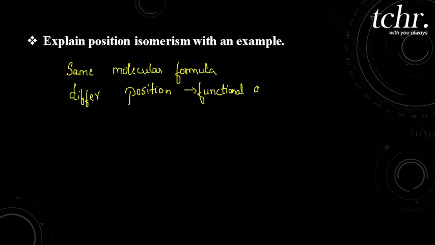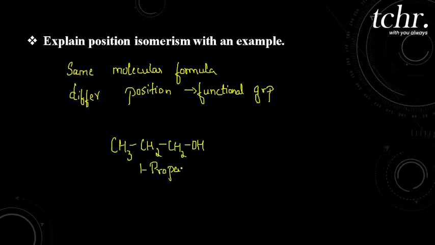Is that clear? You have to give a proper explanation. And what example can you give? A lot of examples you can give for position isomerism. For example, if you write a simple compound CH3CH2CH2OH, you know it is propanol, and specifically I can mention it as 1-propanol.